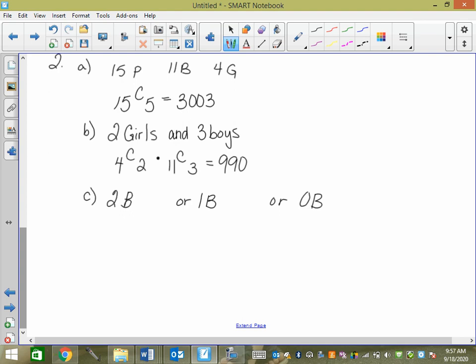In this case it wouldn't work, because you have to have 5 people on the committee but it's only 4 girls. So we have to watch. We're going to have to kick out a case. So we would fill in our things. Here we're going to go 2 boys and 3 girls, or 1 boy and 4 girls, or 0 boys and 5 girls.